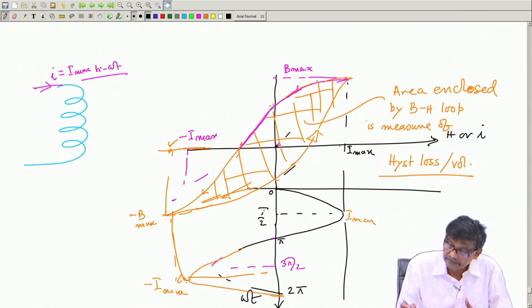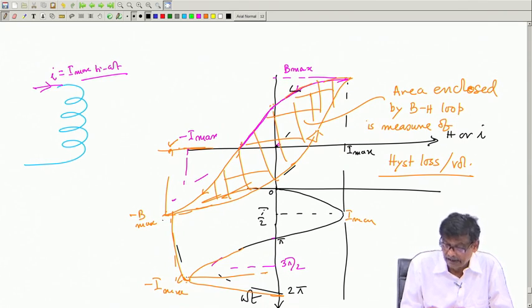When current is 0, it will have some residual field, then with negative current after pi to 3 pi by 2, it will go like this and reach minus I max.